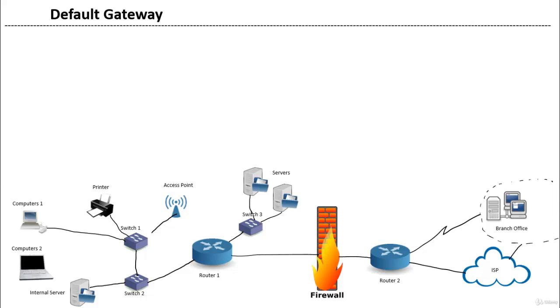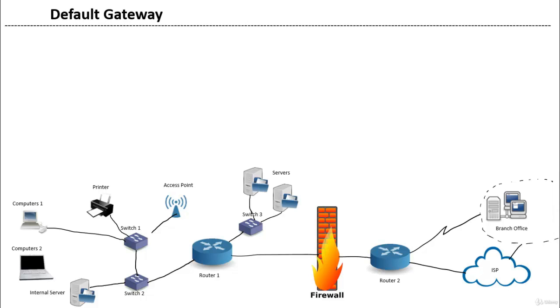Additionally, the router provides a way out of the private network to the public network, normally the internet. For this reason, the router's internal interface IP address is the way out of a user's network. This address, called the default gateway, will be used later when configuring the network card for the user's computer.